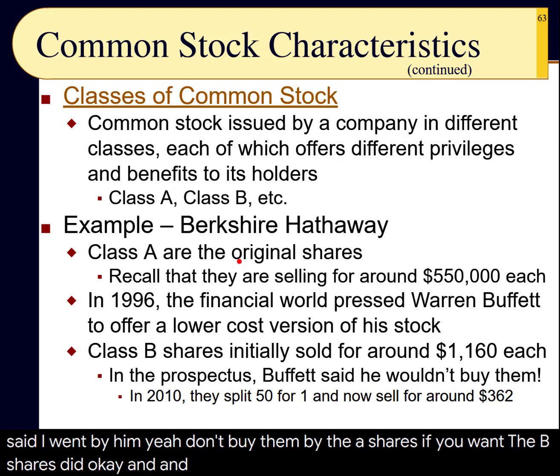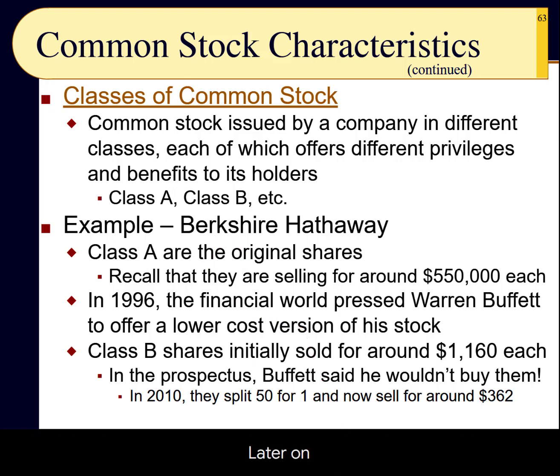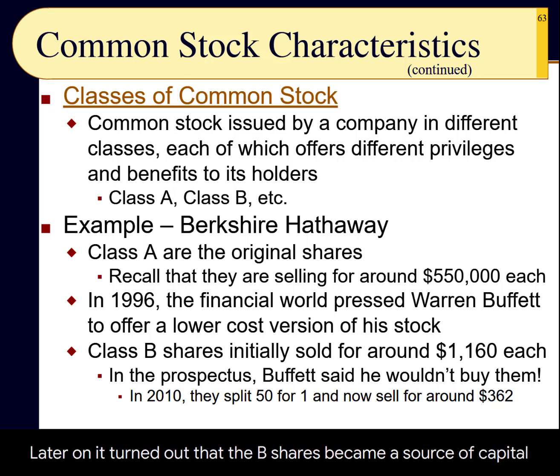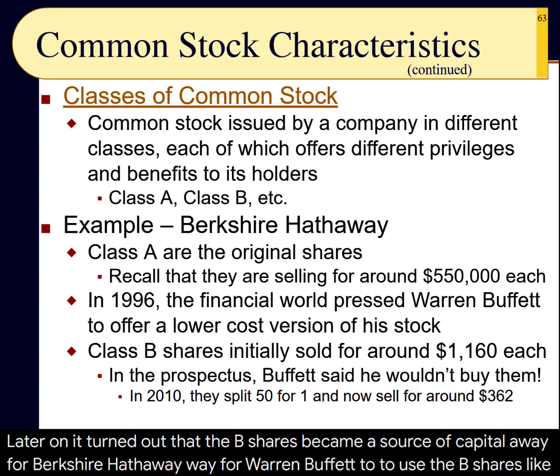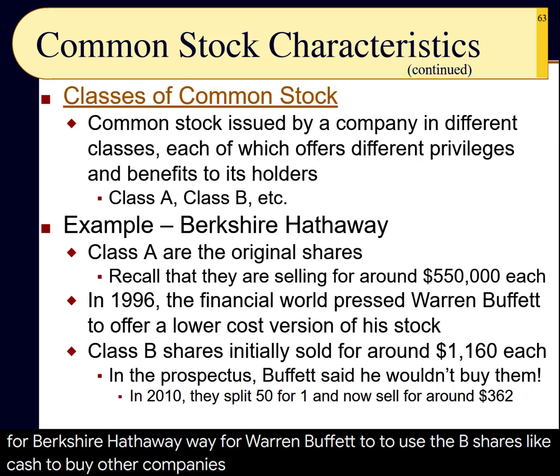And what happened was later on, it turned out that the B shares became a source of capital, a way for Berkshire Hathaway, a way for Warren Buffett to use the B shares like cash to buy other companies.